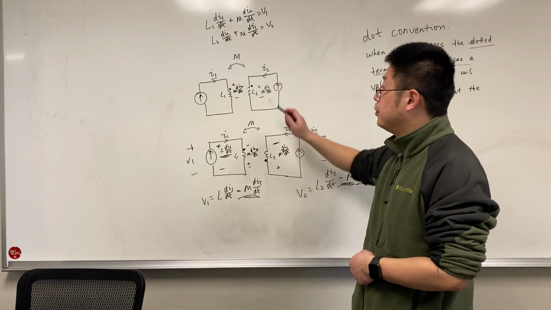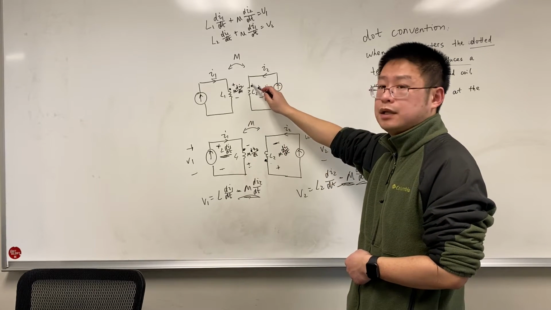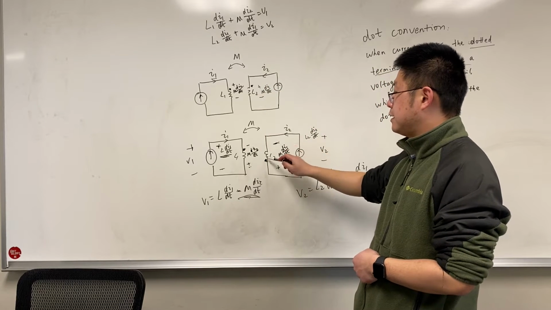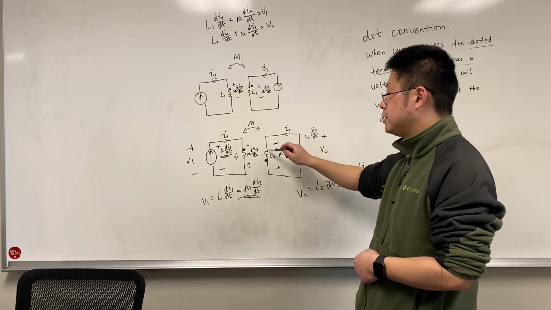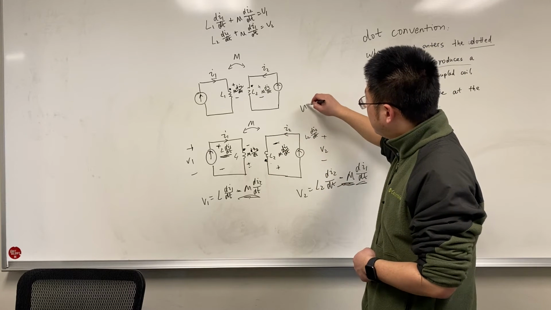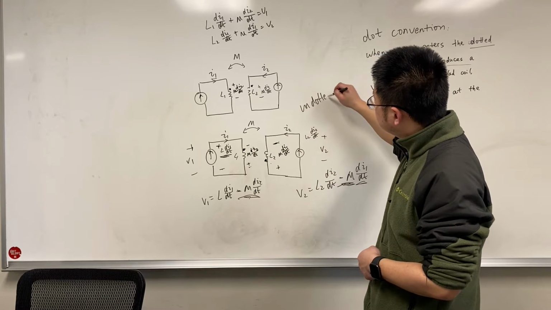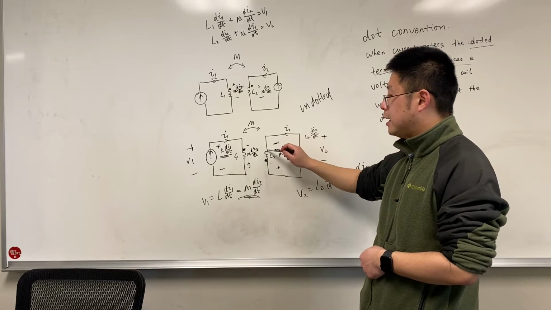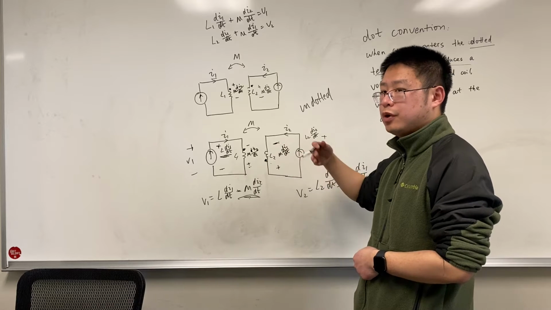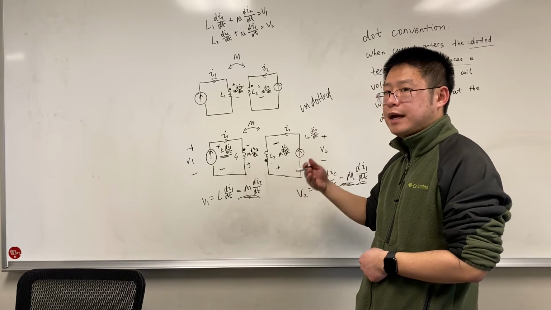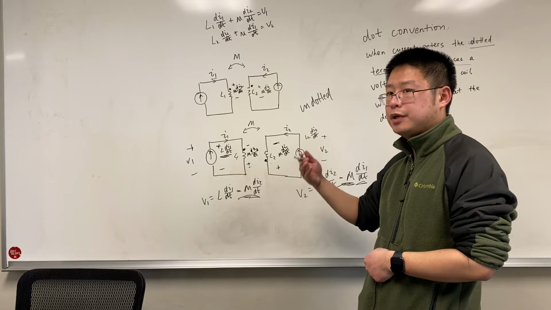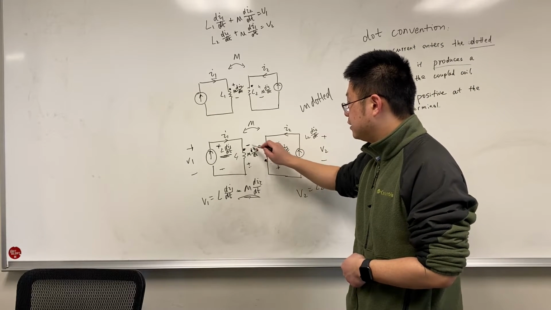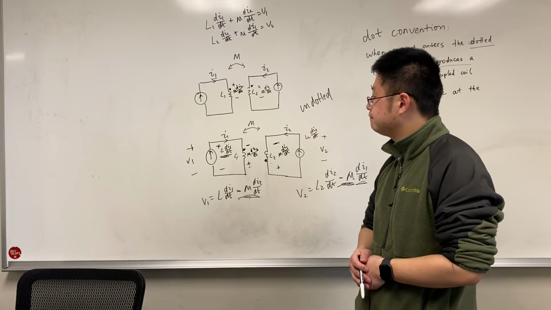For the first example, the current is entering the dot in the secondary winding. For the second example, the current is entering the undotted terminal. So once it enters the undotted terminal, it will produce a voltage at the undotted terminal in the primary winding, so that this is negative, this is positive.